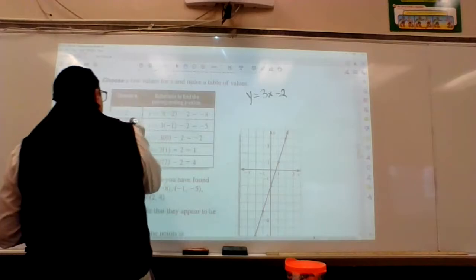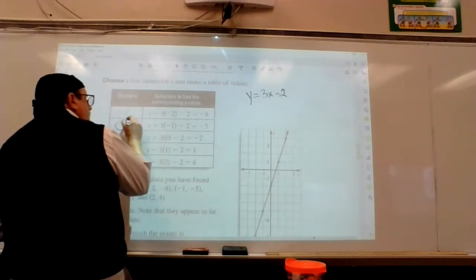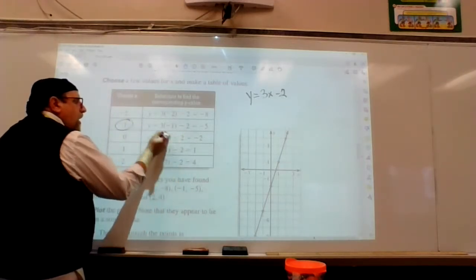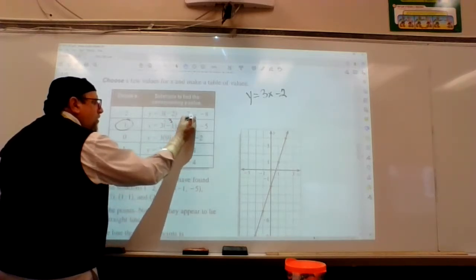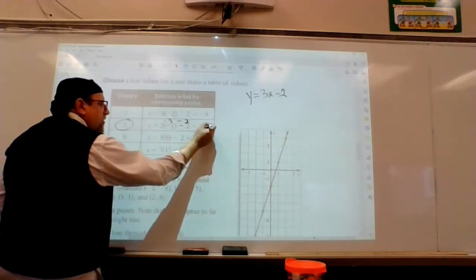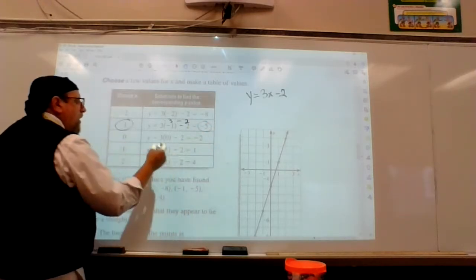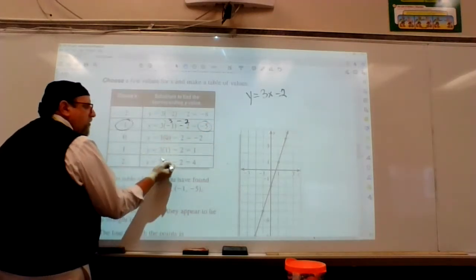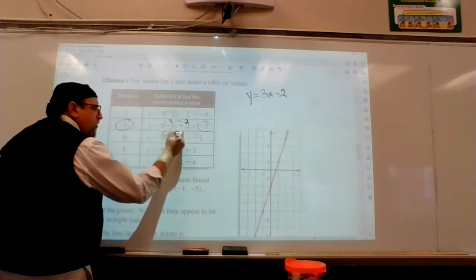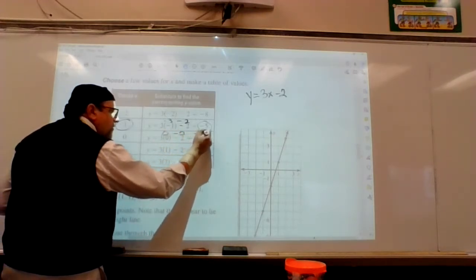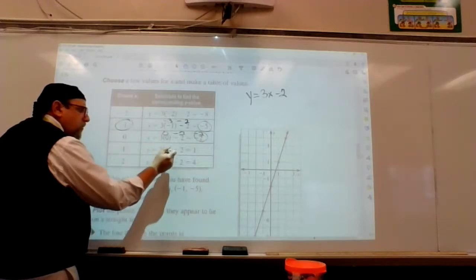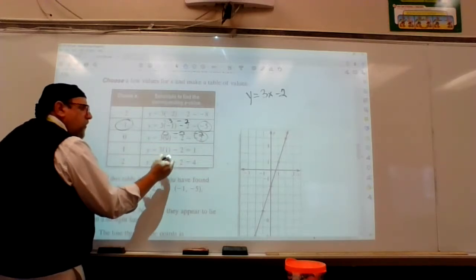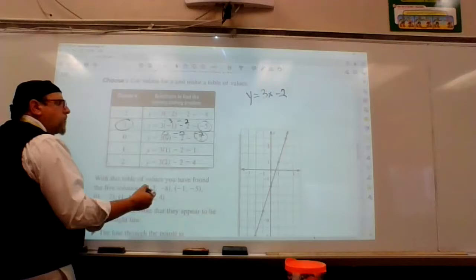So if you put in a -1 for x, you'll multiply by 3, that's -3, minus 2, which is -5. All right? If you put in a 0 for x, 3 times 0 is 0, minus 2 is -2. There it is, right there. Etc., etc. Put in a 1, put in a 2. These are your inputs and your outputs.